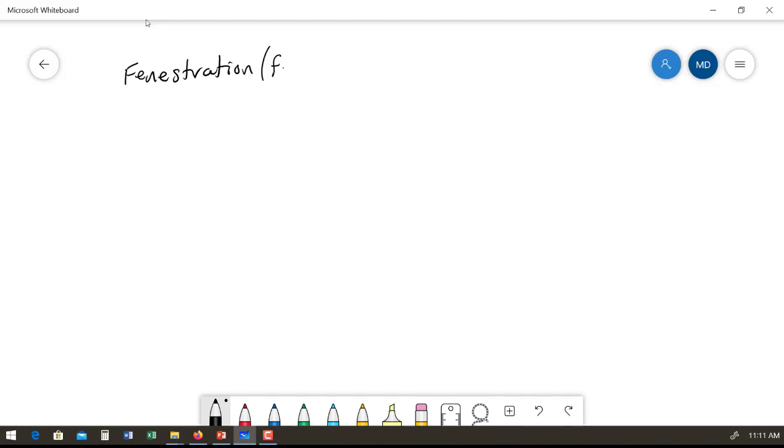It can also be used in singular form, which is fenestra, but I almost always say fenestration. Fenestration refers to the pores in a capillary wall.